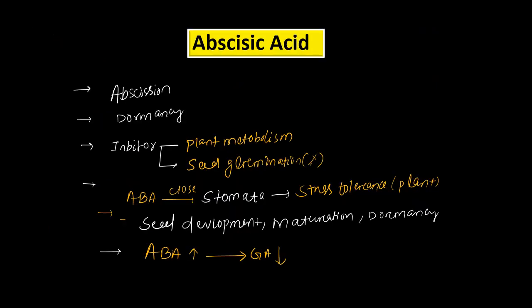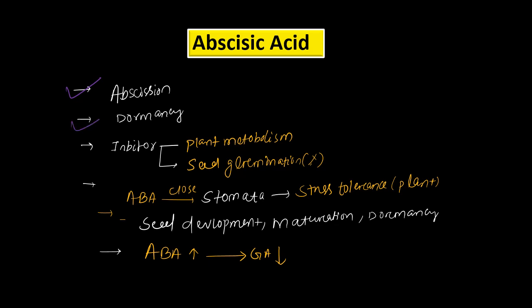Next hormone is abscisic acid. So what is the function of abscisic acid, and what exactly is abscisic acid? It helps in abscission, meaning the natural detachment of fruit set or leaf from the plant.